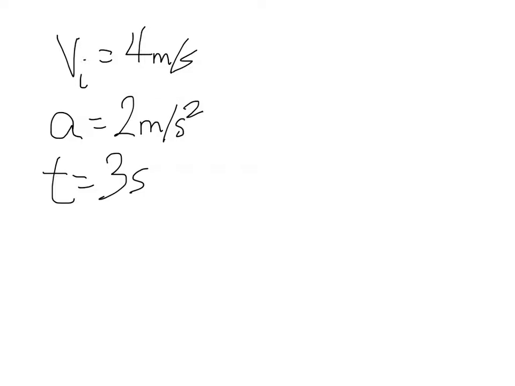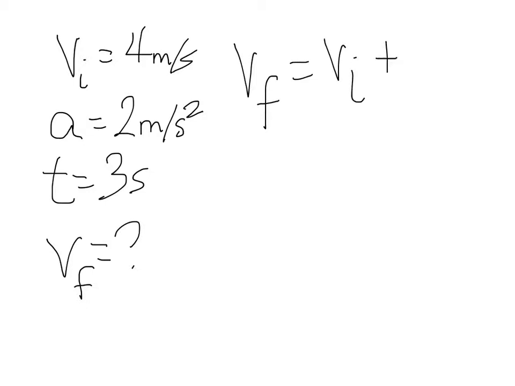We are wanting to find what? How fast she's running now. So we're wanting final velocity. We know velocity initial, acceleration, and time. We're wanting final velocity. There is only one equation that has that: velocity final equals velocity initial plus AT.